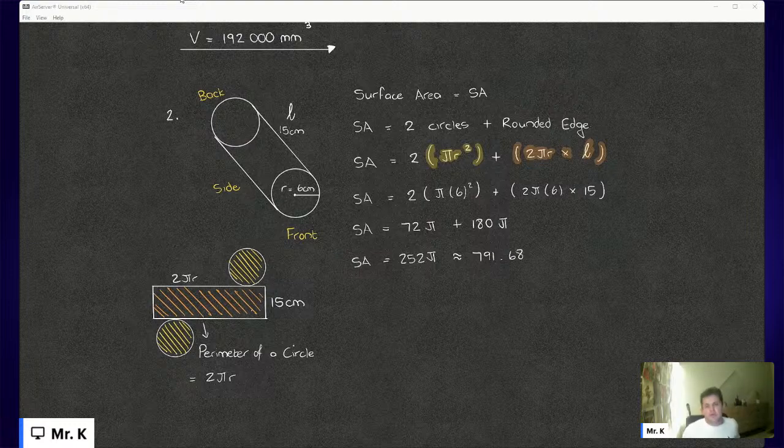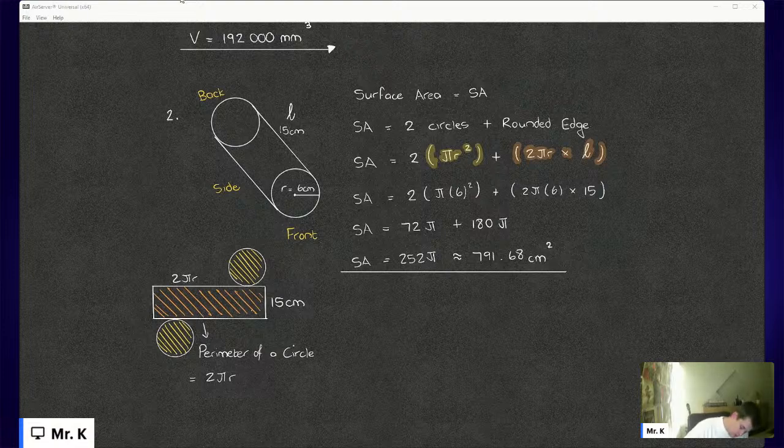Remember, we are working with surface area and we're specifically working in centimeters, so centimeters squared. Okay, there is a great example of how you guys need to be able to actively solve a problem while you are sitting in a test or an exam scenario.